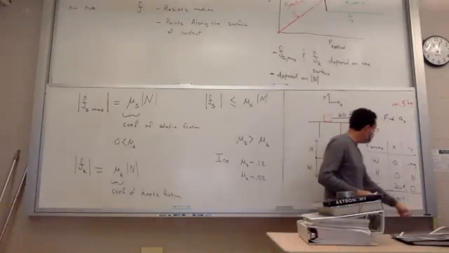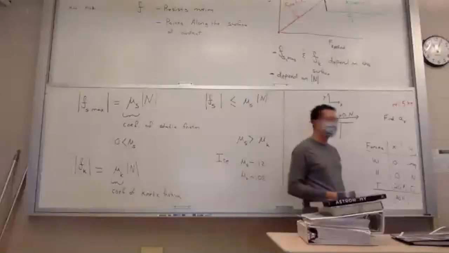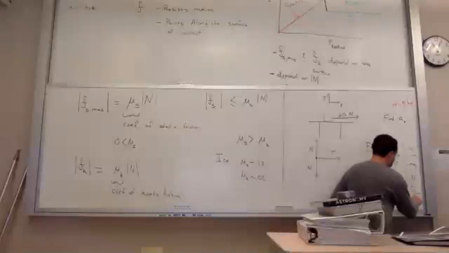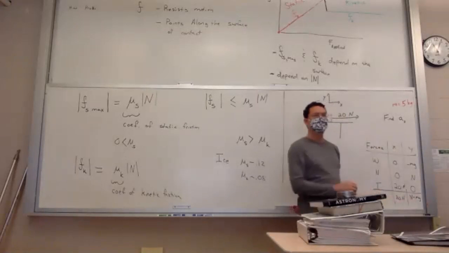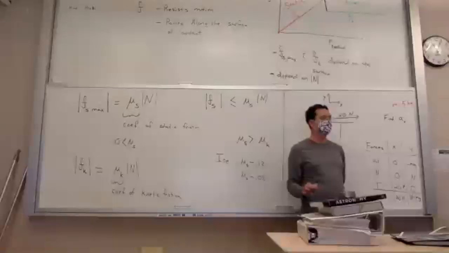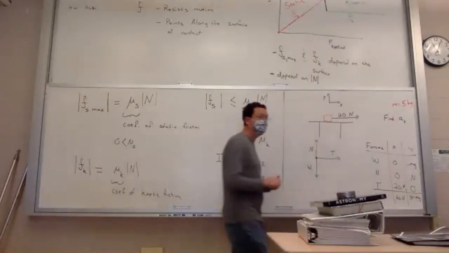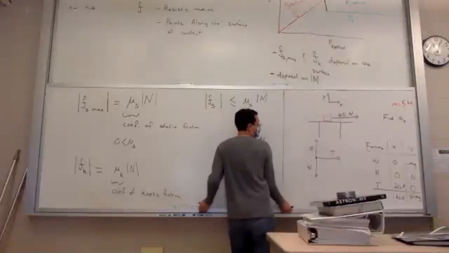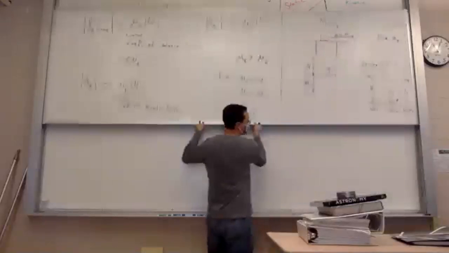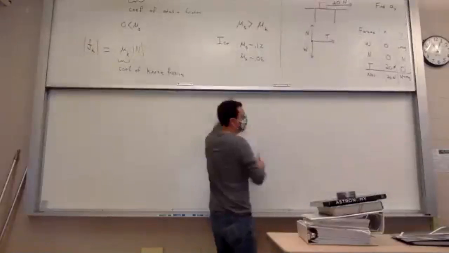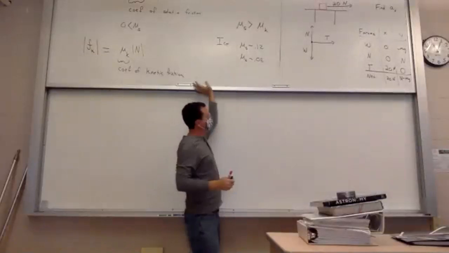And the net force in the y direction is going to be normal force minus mg. Is that all right? So far, we're not actually doing any physics. This is just math, drawing arrows and doing mathematics of vectors.